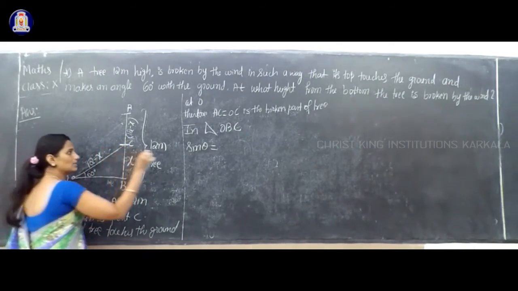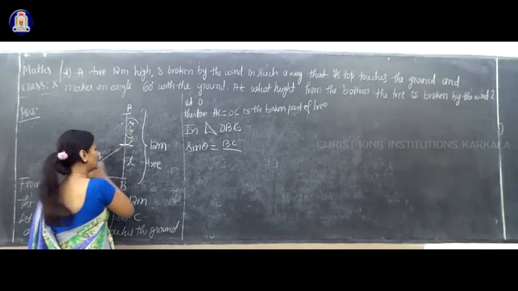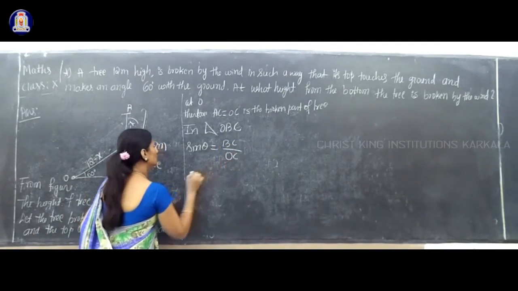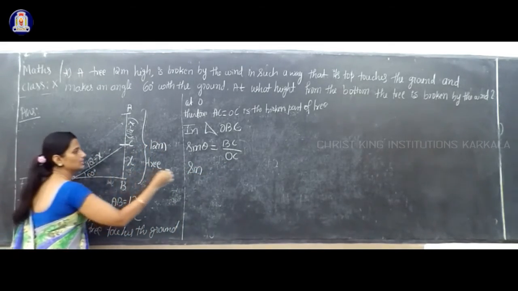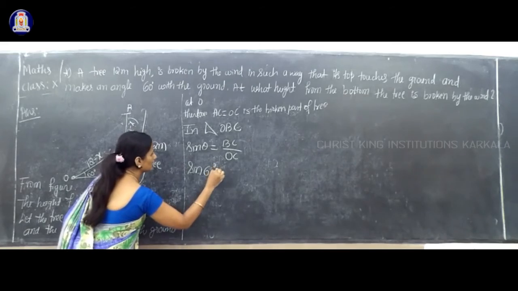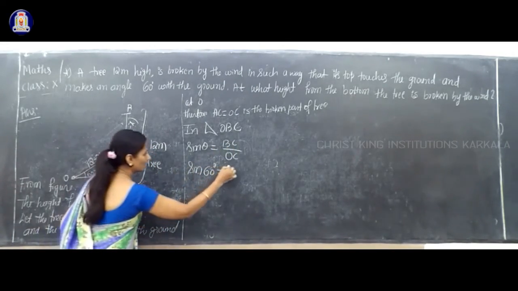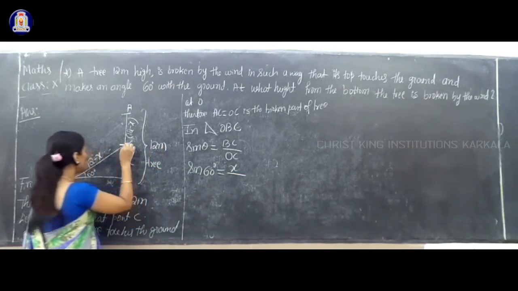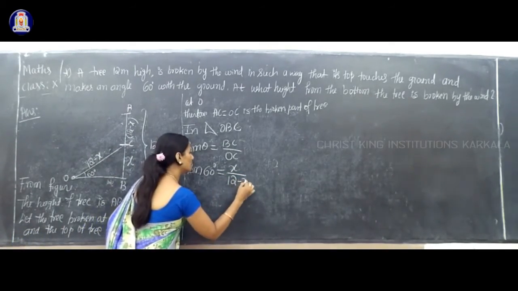So opposite side is what? BC divided by hypotenuse side is what? OC. So now substitution. Theta is how much here? 60 degree. Sin 60 is equal to BC. BC is what? x divided by OC is what? 12 minus x.